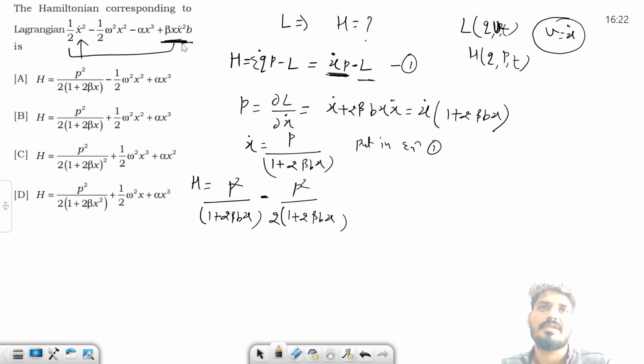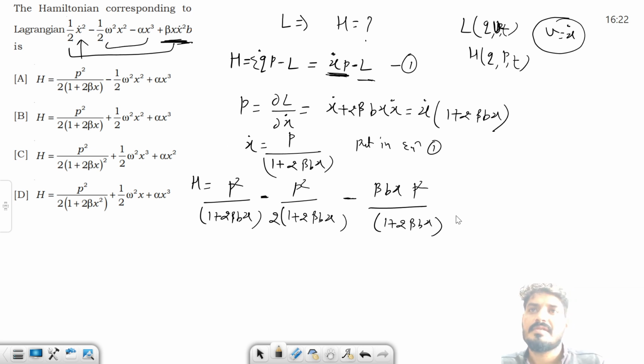Now we'll write down this term. So this is minus beta b x p square divided by 1 plus 2 beta b x, and then we can write down this term as it is. So this is plus half omega square x square plus alpha x cube.